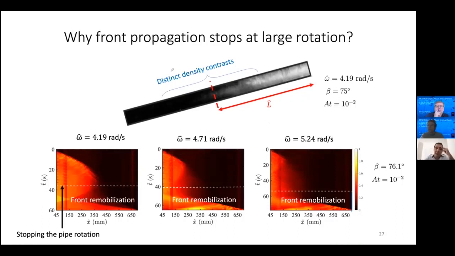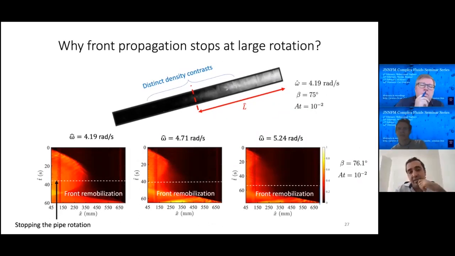In this example snapshot, you can see that at large rotation, a distinct density contrast still exists in the flow, and in the absence of rotation, one could argue that such a density contrast could actually induce an exchange flow between the two fluids. To test this hypothesis, we are providing three experimental examples of the spatial temporal diagrams of the depth average concentrations.